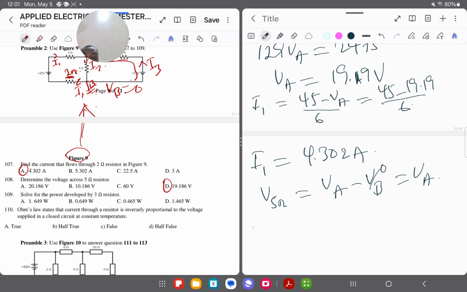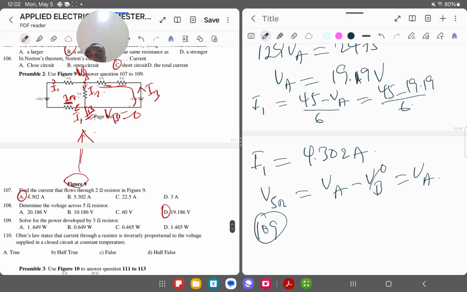Now moving to 109. Solve for the power dissipated by the 3 ohms resistor, right? Power dissipated by 3 ohms resistor. So we go back to our circuit diagram. Where is our 3 ohms resistor? You can see the 3 ohms resistor, the current that is passing through is what?